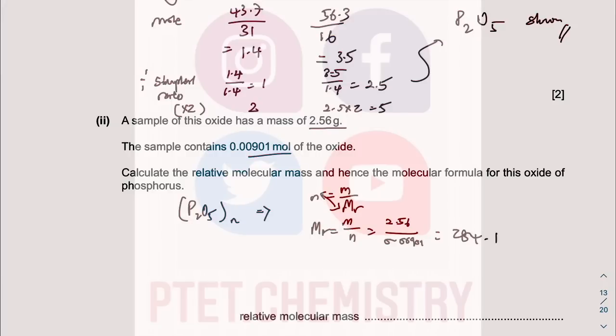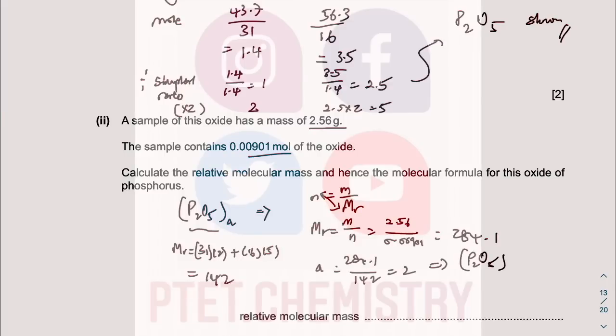So this Mr is 31 times 2 plus 16 times 5, there's 142 there. So n is going to be, okay, maybe I shouldn't use n because I already have mole as n. A maybe. So A is going to be 284.1 over 142. That's 2. That means the molecular formula is going to be P4O10.